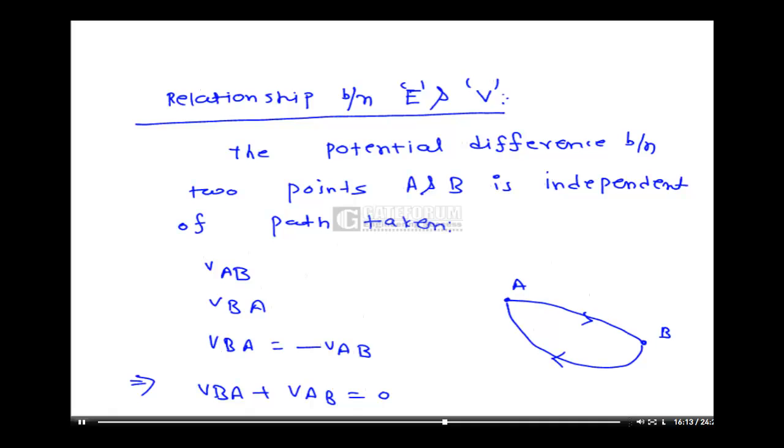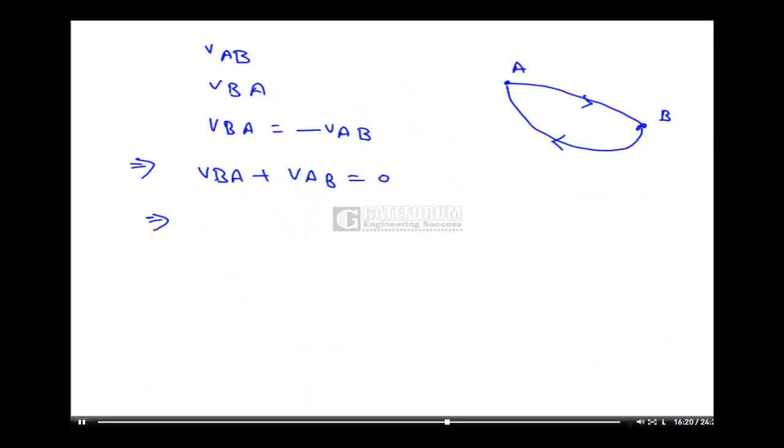But how can I define potential? We can define V_AB as the integration of minus E dot dl.